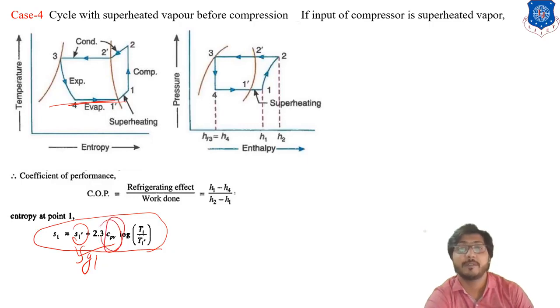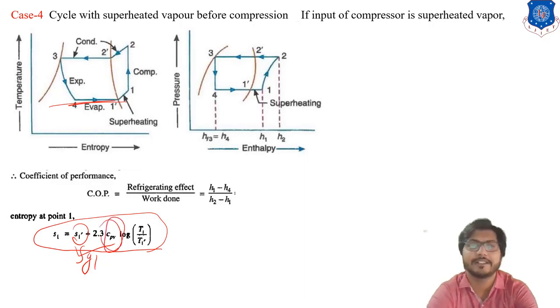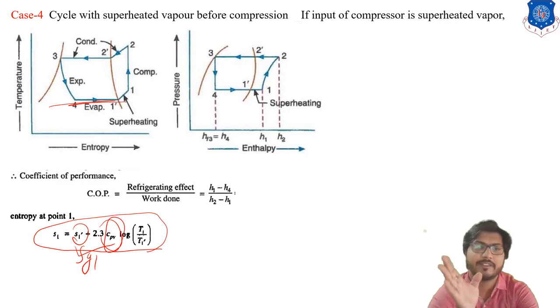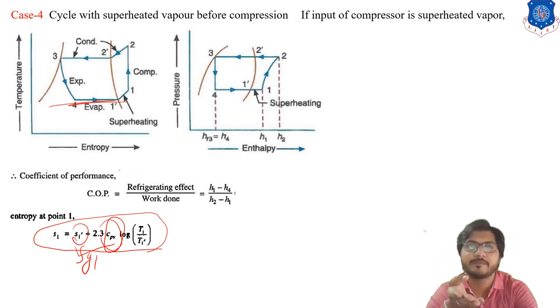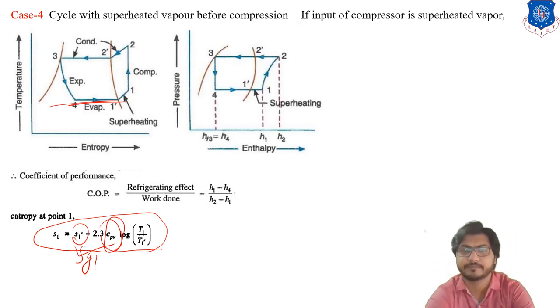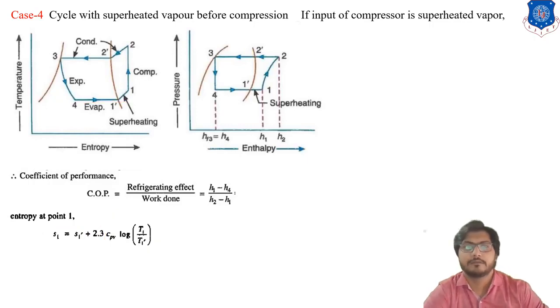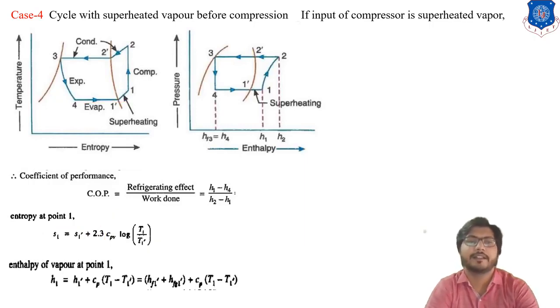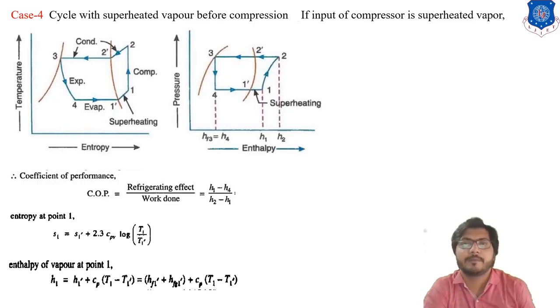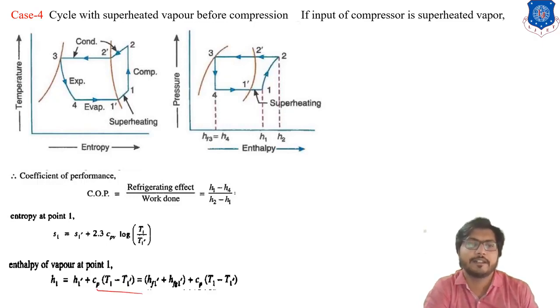Just remember Cpv, vapor, because point 1 lies outside in the superheated phase, so we use Cp, the specific heat of the vapor phase. Similarly, the enthalpy at the vapor point, MC delta T, because point 1, and H1 is nothing but Hg1.